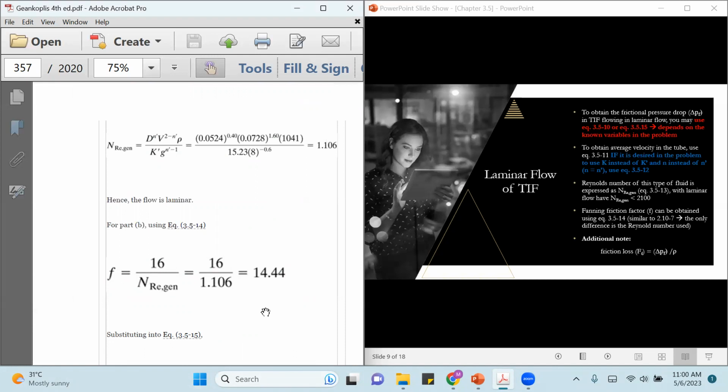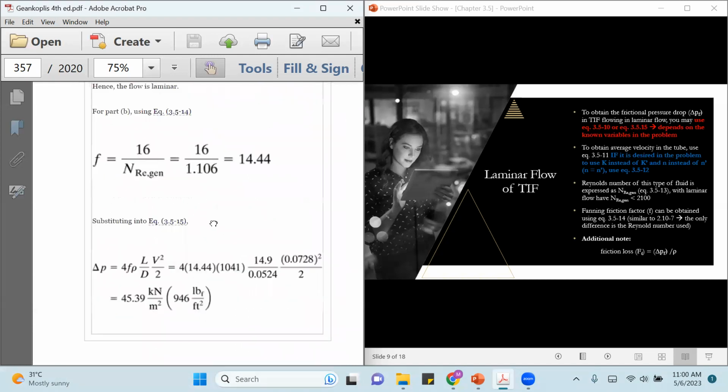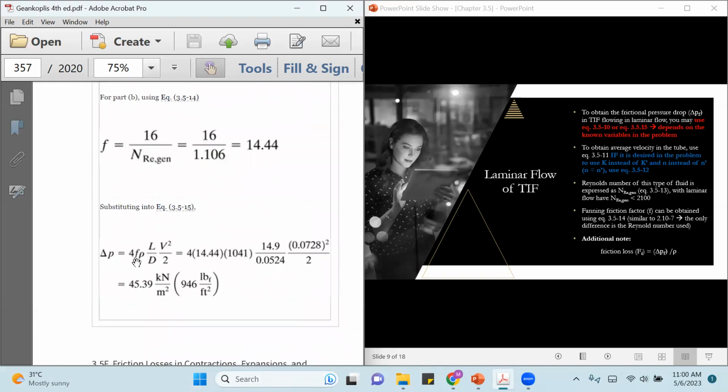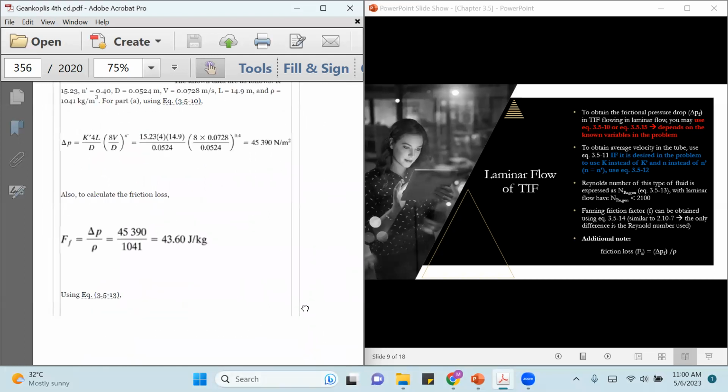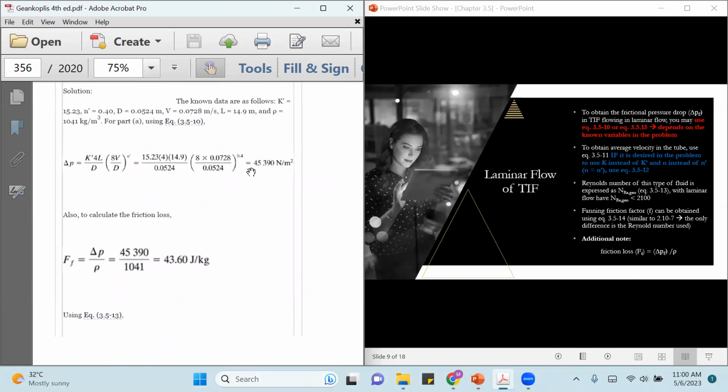Then I substitute this value into equation 15, 4 times f. I put all the known values here, and I get 45.39 kN per square meter. So it's exactly the same as this.